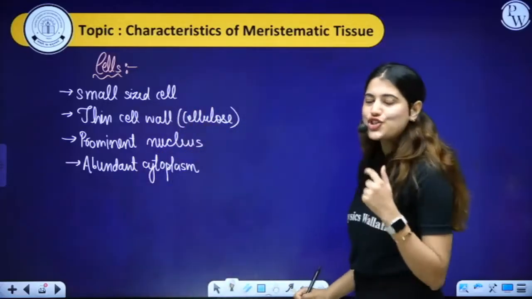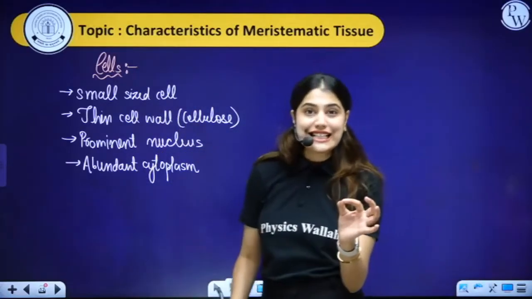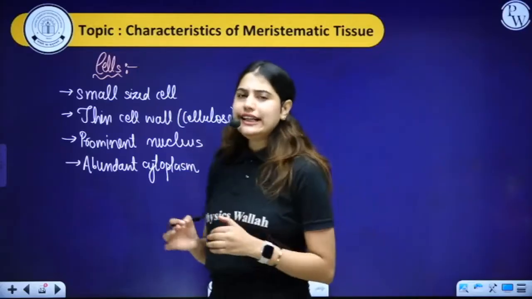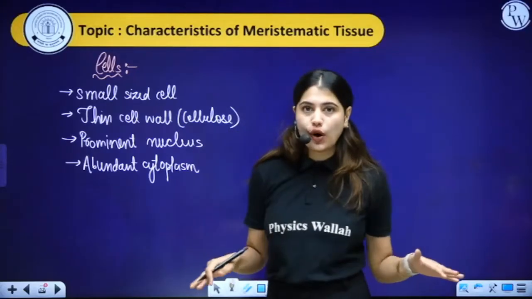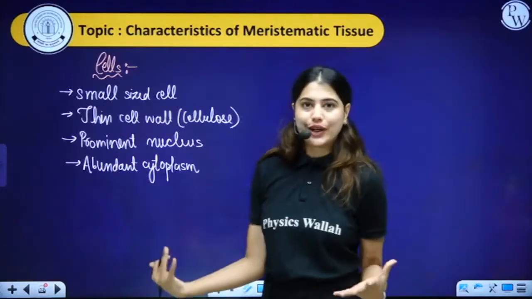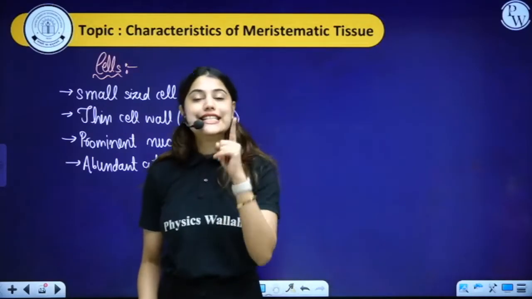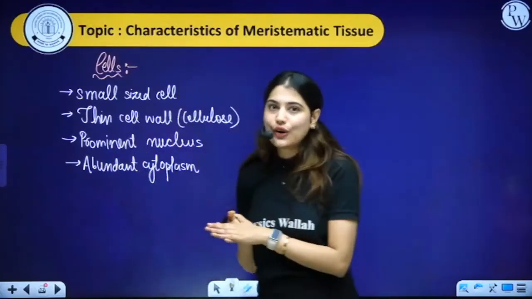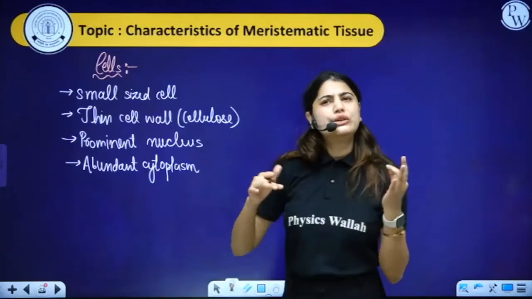What is their function? The function is, yes, to divide. Do they need any type of storage? No. And hence they do not have a cell organelle which helps in storing. That cell organelle is, yes, vacuole. So they do not have a vacuole. Why are they not having vacuole? Because they do not need storage.